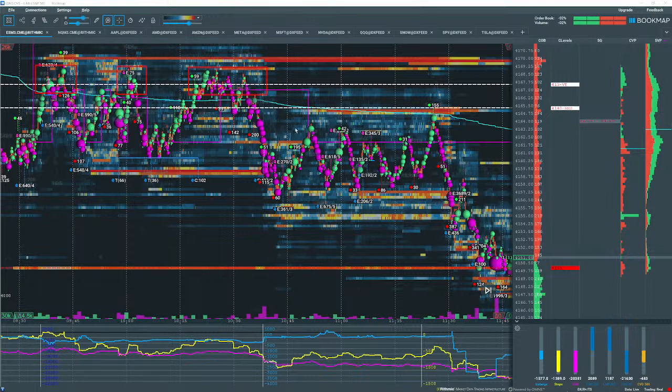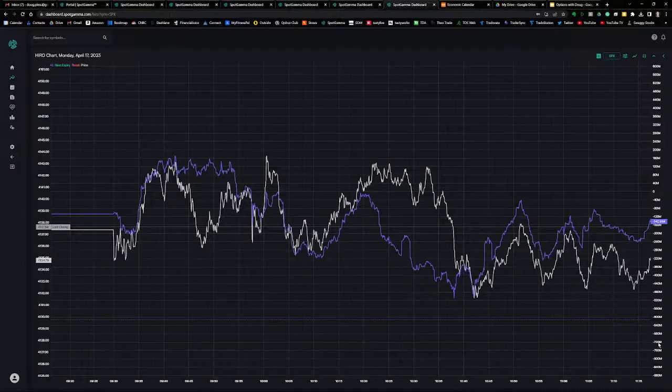I'm just taking a pretty simple approach here. Let me back up and talk about how I approach this. I'm looking at Hero here. I see this divergence. Traders taking net negative delta positions in the S&P 500.